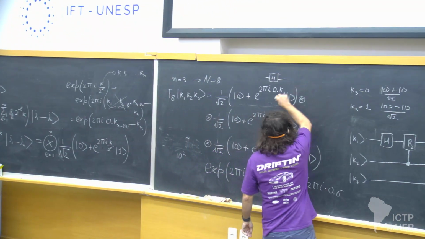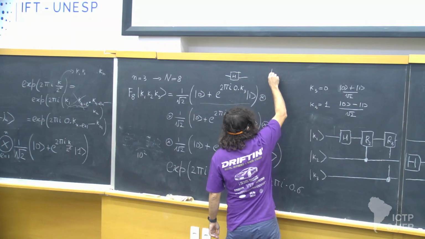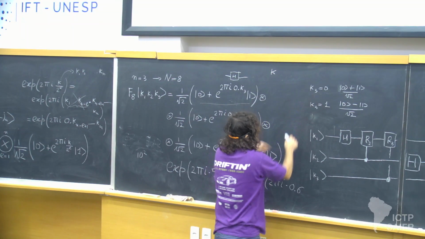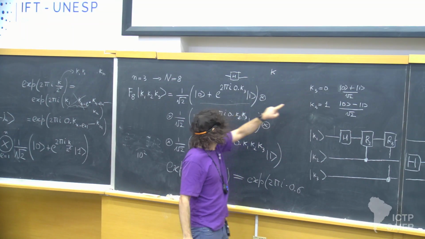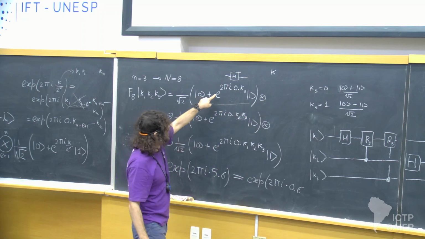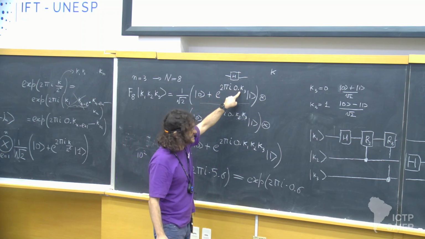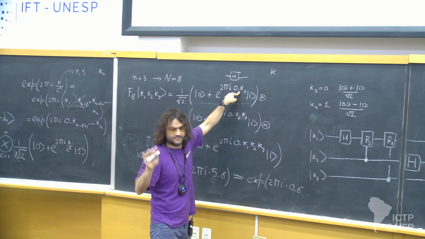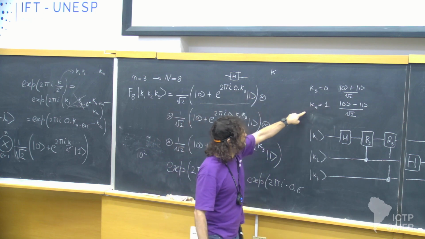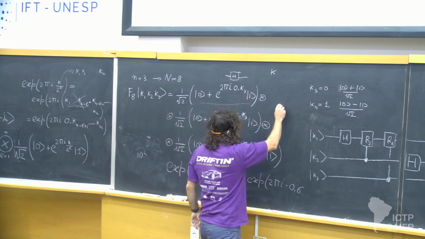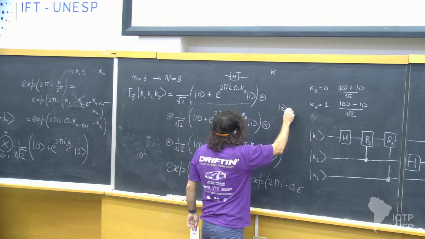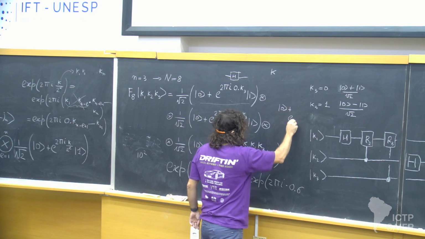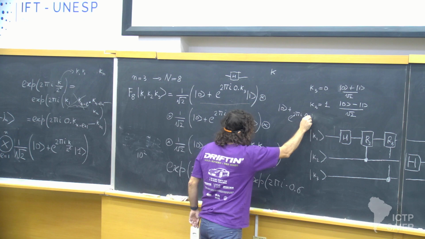Good. So let's see. So this guy, suppose K3 is here. Suppose K3 is equal to 0. So this becomes 0 plus e to the 2 pi i 0, which is 1. Then you do K3 equal to 1, you do 0 plus e to the 2 pi i 0.1.